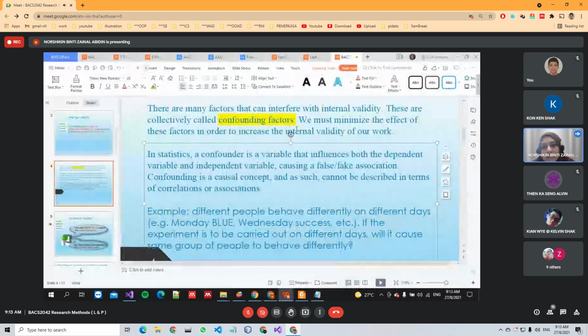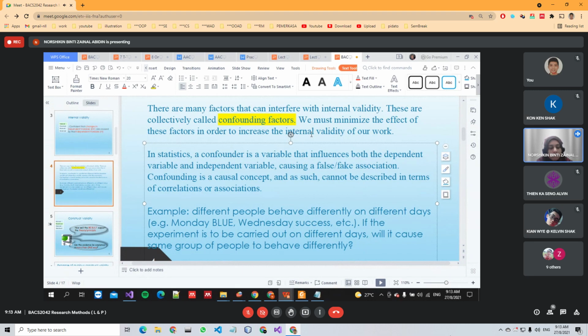These are collectively called confounding factors. So what is a confounding factor in research? A confounding factor is any third variable that may have a relation with our research and will affect the data that we receive. We must minimize the effect of this factor in order to increase the internal validity of our work.